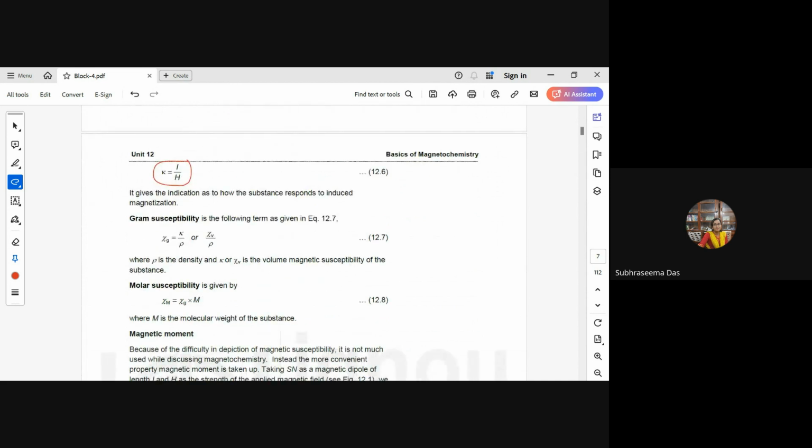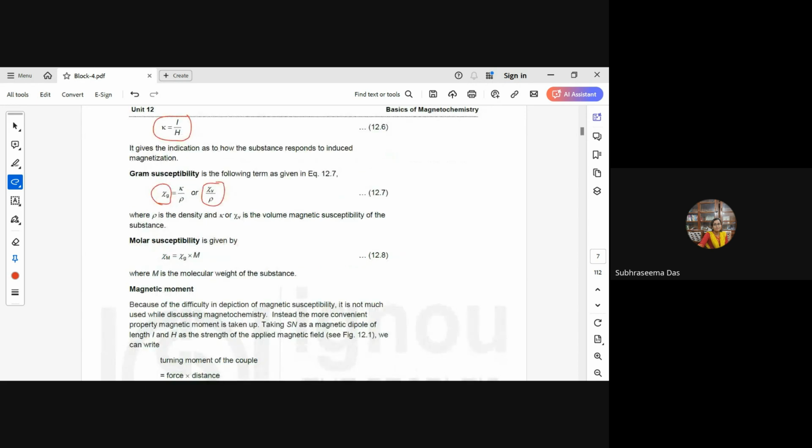Then gram susceptibility: when we express this chi, it is called gram susceptibility, and the g here represents the gram. This is given by kappa by rho, or we can write it as chi g equals kappa by rho, where kappa here represents the volume magnetic susceptibility of the substance.